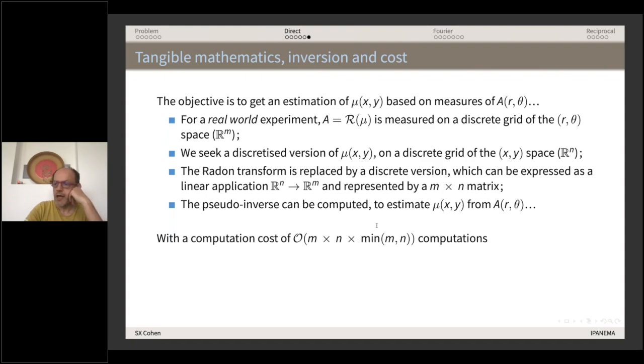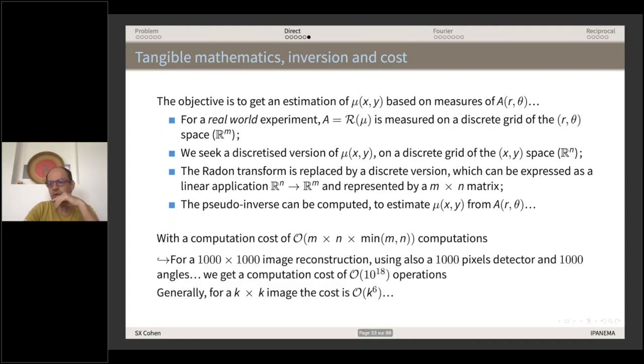And to be honest, when we say big O, we are very optimistic, because the constant of this big O is very big. For example, say we want to reconstruct a 1000 by 1000 image, so we want to compute mu on a grid of 1000 by 1000 points.